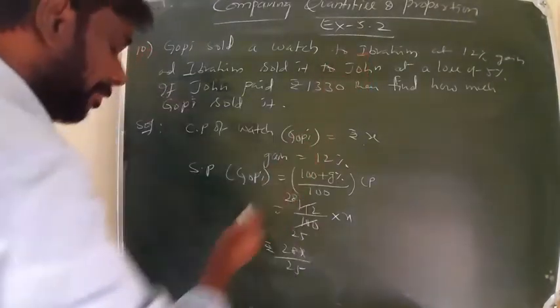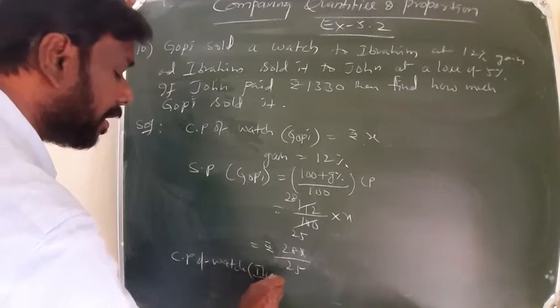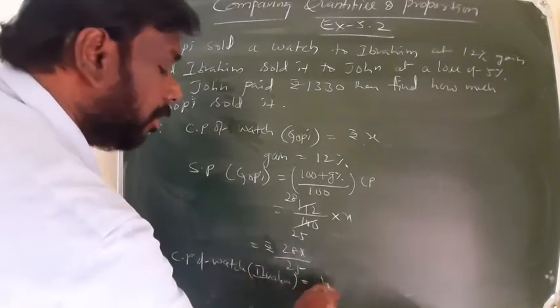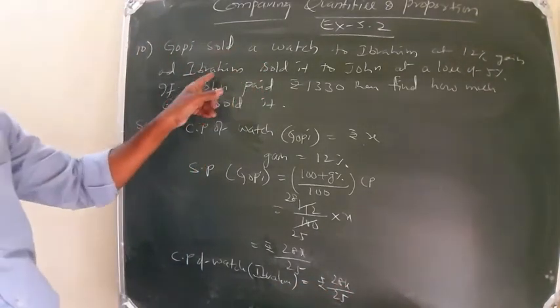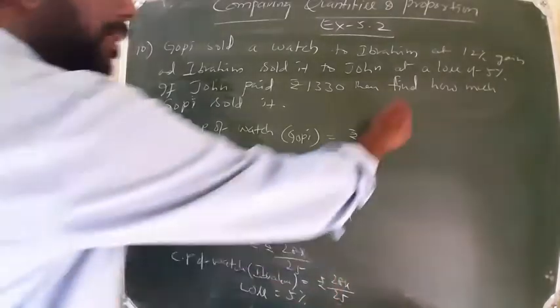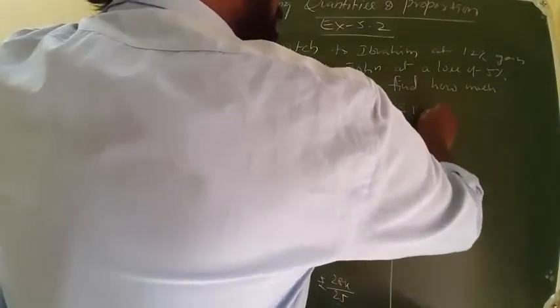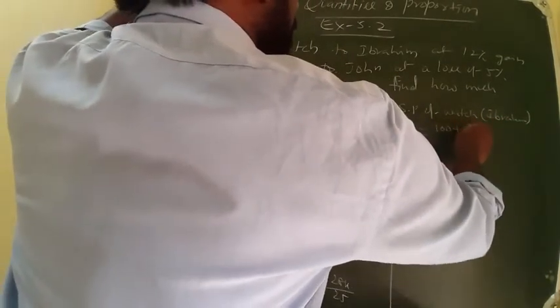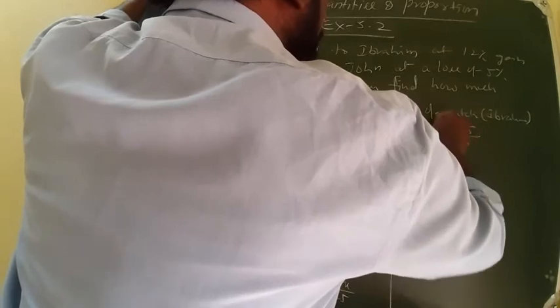So it is the cost price of Ibrahim. CP of the watch for Ibrahim is rupees 28x by 25. Ibrahim sold it at a loss. So here loss is 5%. Now we have Ibrahim's loss percent and CP. SP of the watch for Ibrahim: 100 minus loss by 100 into CP.